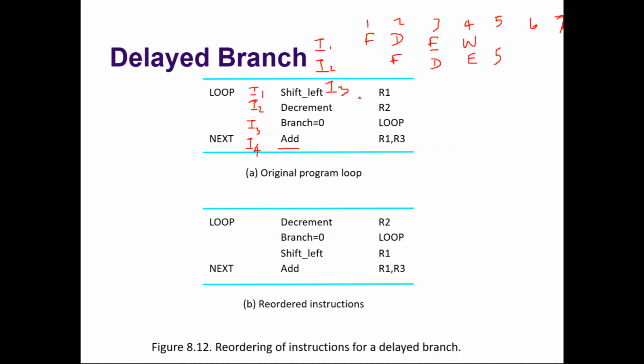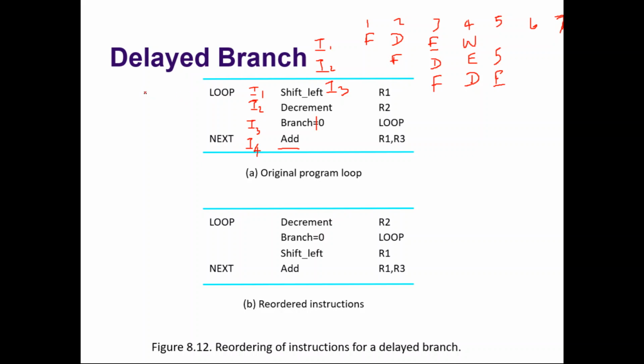Depending on its value, the branch may be taken or not taken. It is fetched here, third clock cycle, decoded here, fourth clock cycle, executed here. Okay. So here if you see, most of the time the loop is taken. Branch not equal to 0 means most of the time the loop is taken.